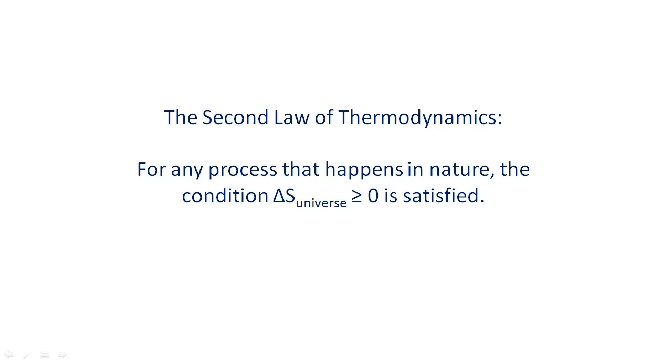Let us now verify the second law of thermodynamics for a few situations. The first situation is a heat transfer process from a hot body to a cold body, but the difference from what we have considered a few minutes back is that now the bodies have a finite heat capacity.